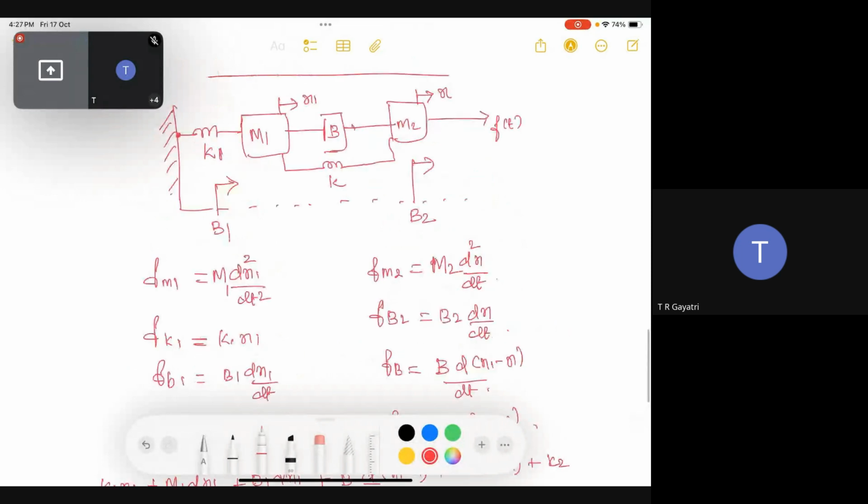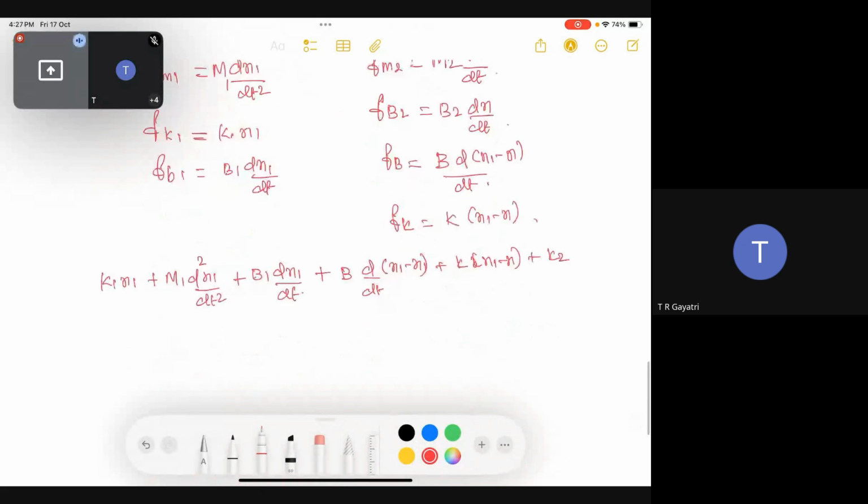There is no K2, right? Only B2 is there. Plus B2 dx by dt.